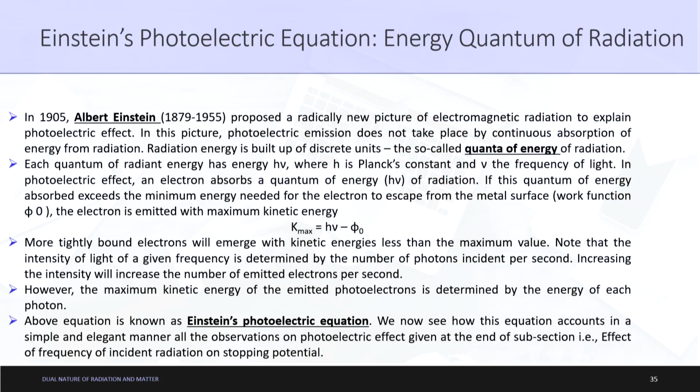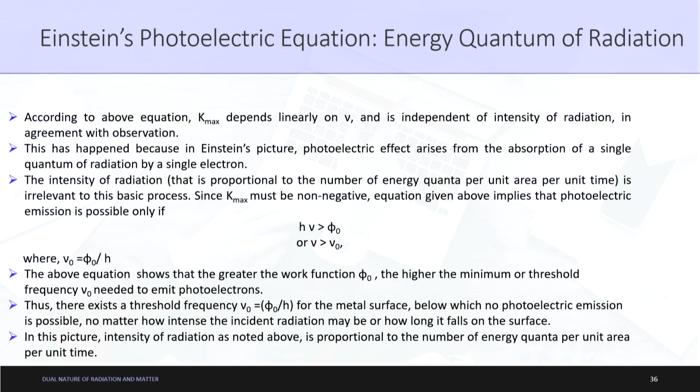In the previous lecture we understood the Kmax value, that is equal to h nu minus phi naught. According to the above equation, Kmax depends linearly on nu and is independent of the intensity of radiation, in agreement with the observation, which was the experimental study of the photoelectric effect.